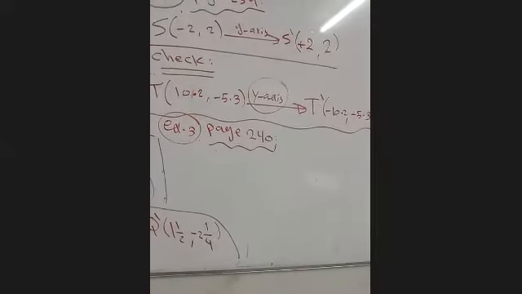Muhammad Kamil, read. Check. The point M prime, 2, 1 over 3, comma, -1 is the result of reflecting M, -2, 1 over 3, comma, -1 in the coordinate plane.